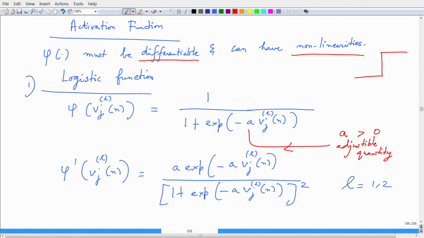But there may be functions such as this, which is the Heaviside function. This is also a nonlinear function, but it has a discontinuity at the origin. So, these are all possibilities, and we can define some derivatives at points where things are not continuous, and then we can proceed.